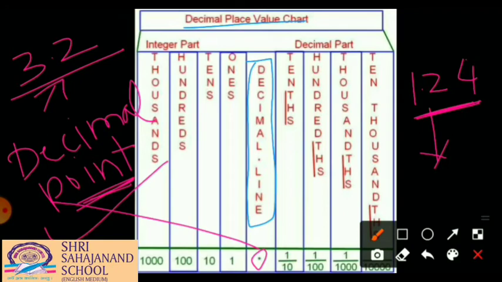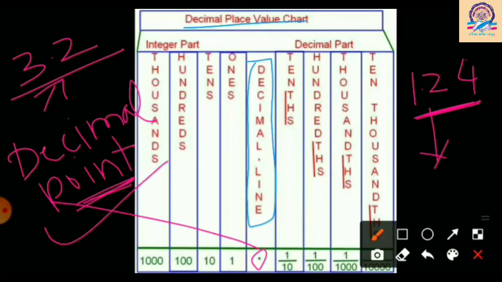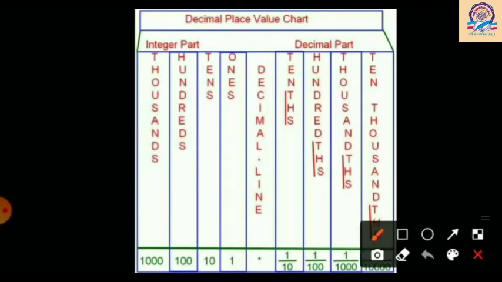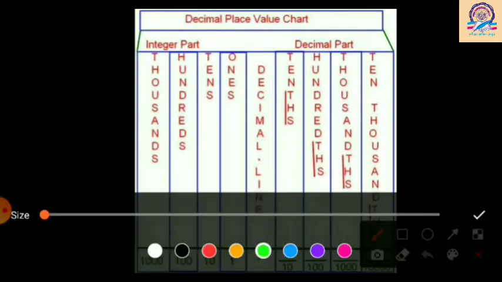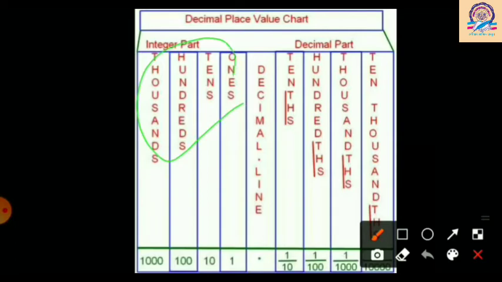On the left side of this decimal line, you can see we have ones, tens, hundreds and thousands. These are the integer part. On the right side we have the decimal part, and the first place of decimal is tenths.